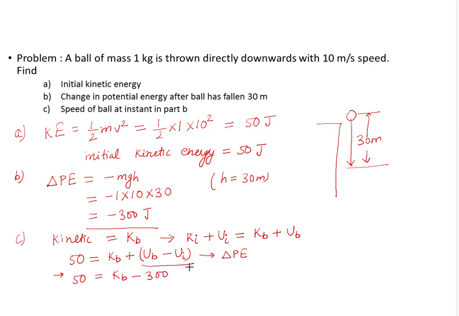Kb minus 300. So when you do this, you get Kb is equal to 300 plus 50, which is 350 joules. So the kinetic energy at the instant B is equal to 350 joules.